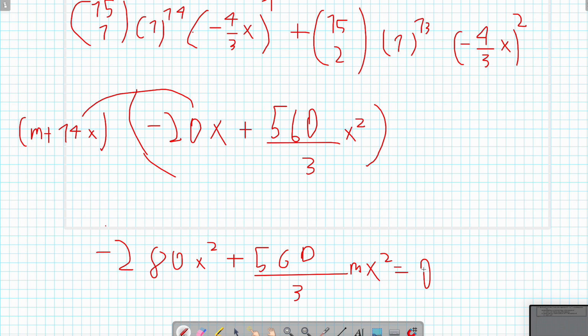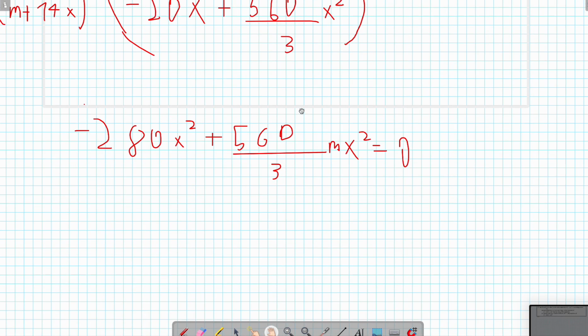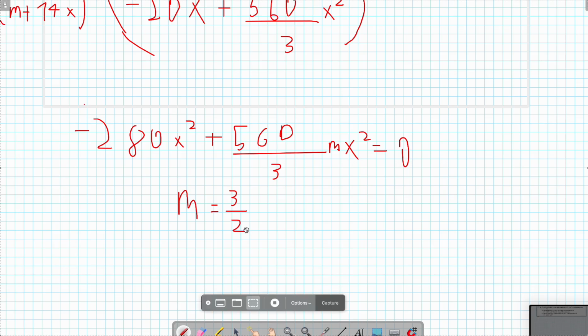And then again you're gonna substitute x by 1, so negative 280 plus 560 over 3 m is equal to 0. Solve, you're gonna get that m is 3 over 2.